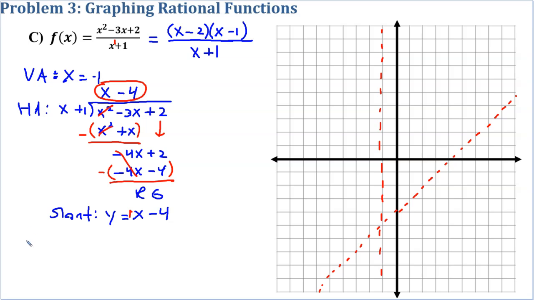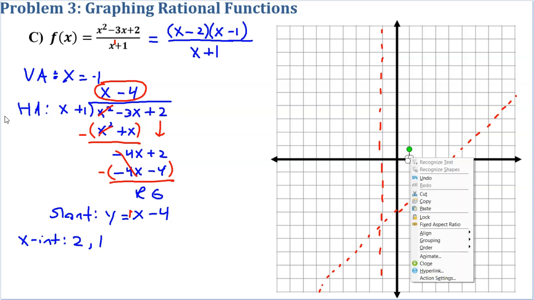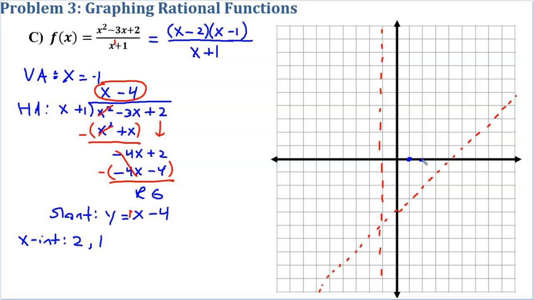All right, we also want x-intercepts. That's going to be the zeros of my numerator, which I'd have a 2 and a 1. We also want our y-intercept, which is again just f of 0.